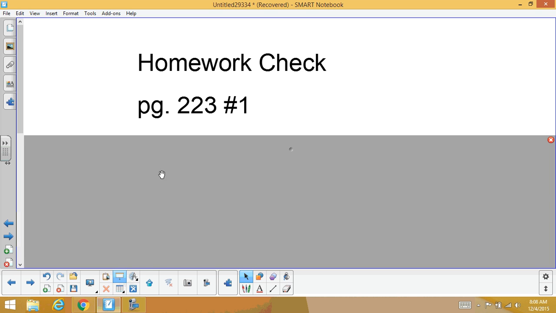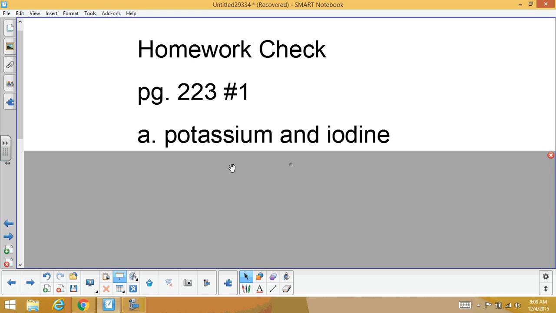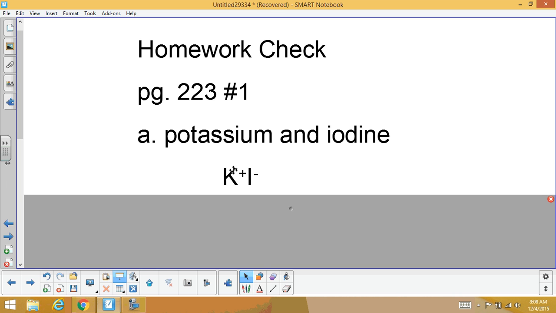And we're back. A on page 223, number 1, we've got potassium and iodine. We got to look up the symbols, look up the charges on the periodic table. We end up with potassium being K+, iodine being 1-.